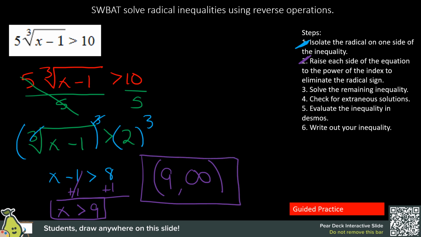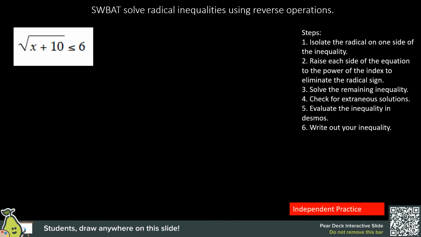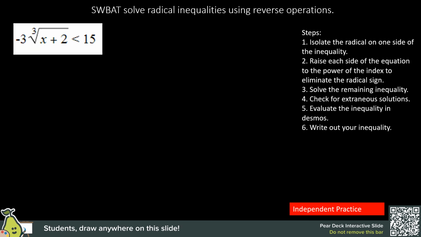Next what we have is your independent practice. I do want you all to try this problem out on your own. Use Desmos to check your answer. On the next slide, I would like for you guys to try this problem out. Be careful with that -3.